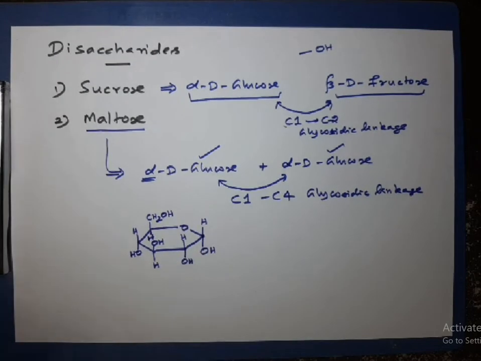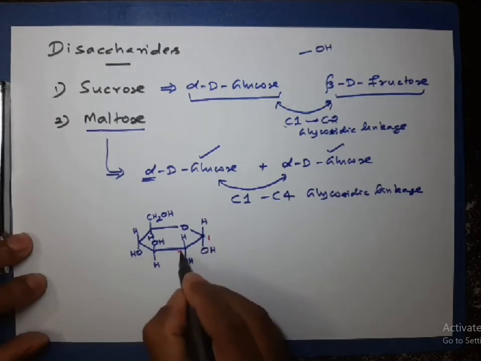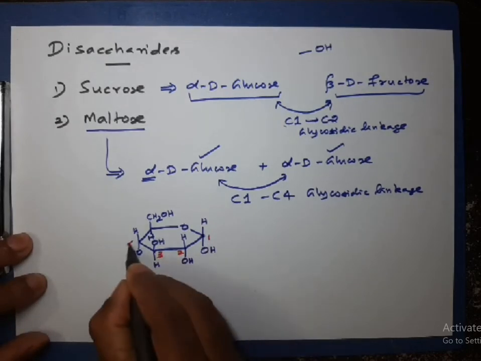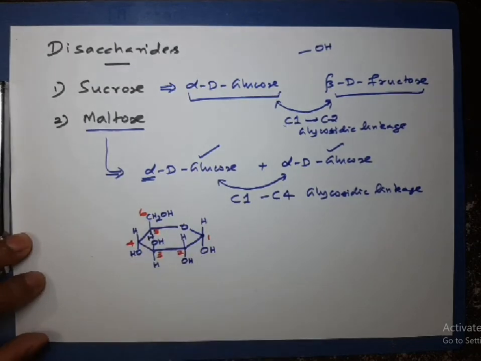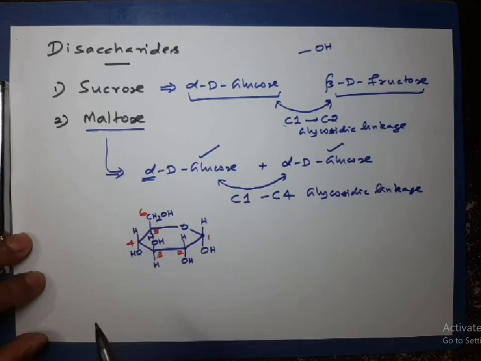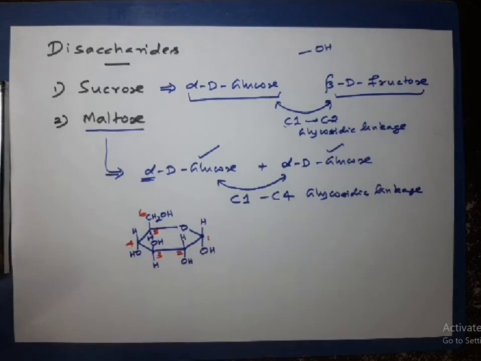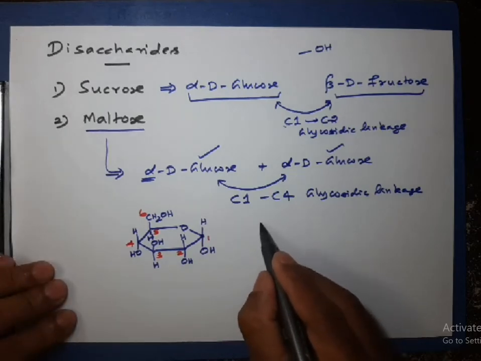You know very well this is the numbering. This is carbon number 1, this is carbon number 2, 3, 4, this is carbon number 5, and this CH2OH carbon is carbon number 6. So this is one alpha D glucose unit. Now I'll draw another one here.